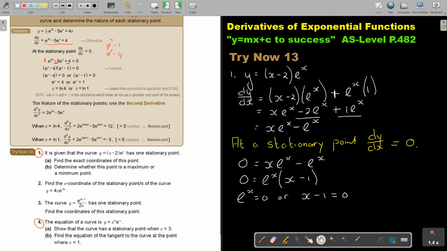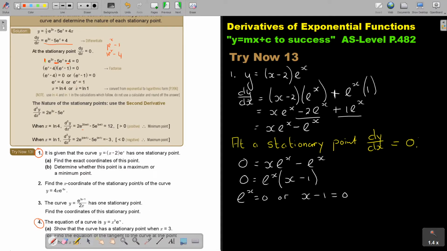Now I want to show you this one. If I go from exponential to logarithm, then don't forget it's ln, because it's e, and I swap that. And what will this give? It's undefined. So this is not going to give me a value, and I only have x equal to 1. This is undefined.